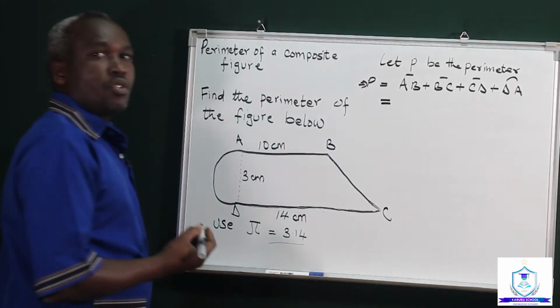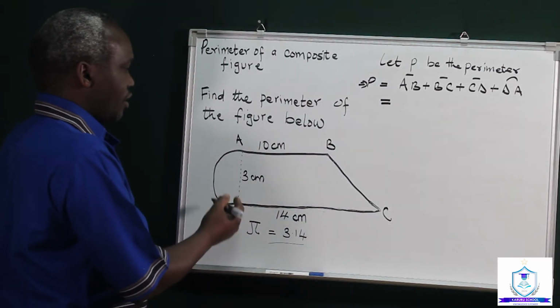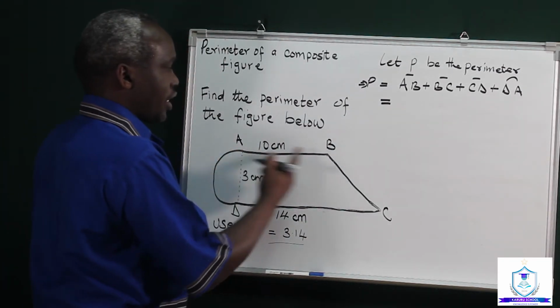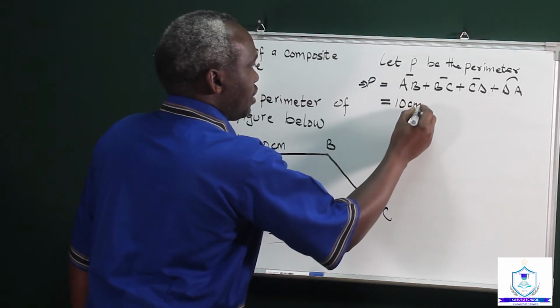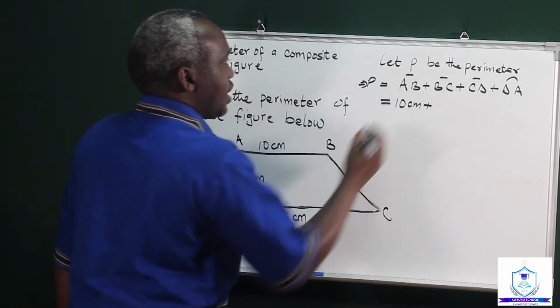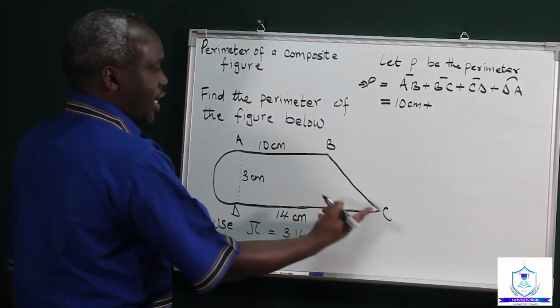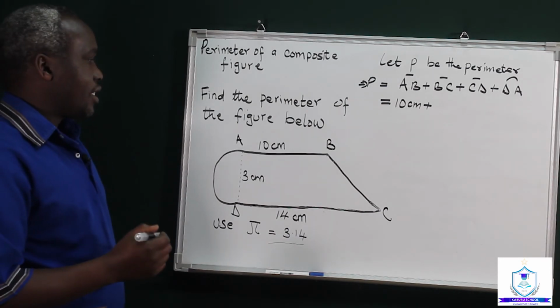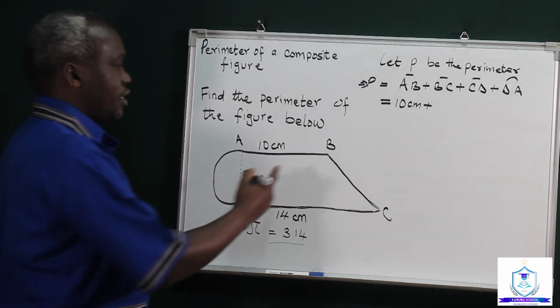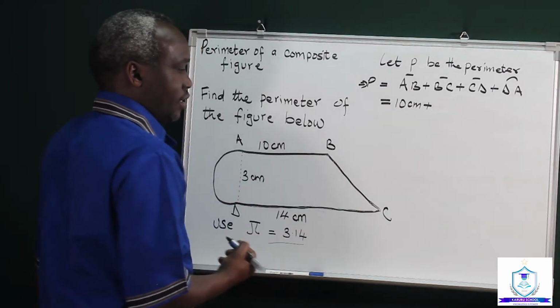So we can substitute in the values, and in this case the distance between point A and B is 10 centimeters, plus the distance between point B and C, which has not been provided, and as such we will need to calculate it.